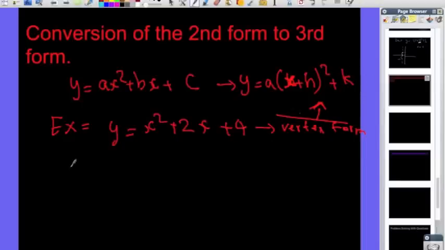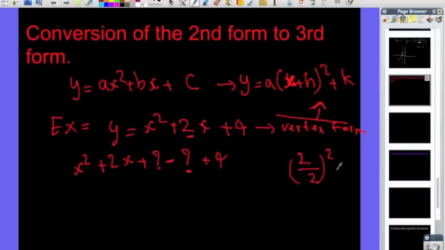So it would be x squared plus 2x plus the question mark c minus the question mark c plus 4. Since b is 2, 2 divided by 2, squared, gives you 1. So you replace the question marks with 1: x squared plus 2x plus 1 minus 1 plus 4.